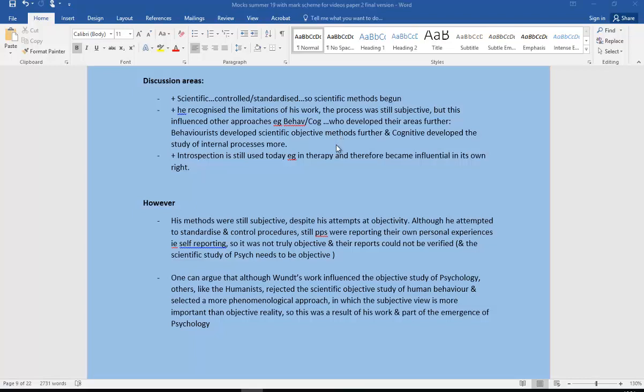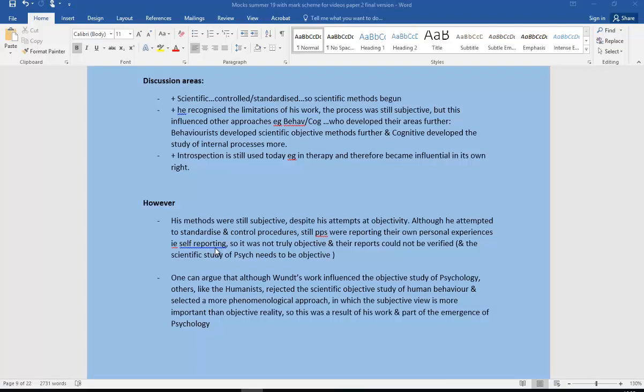We know also introspection is still used today. It's in therapy, and so, as a study of the human mind, it became very influential in its own right. We could then discuss other areas, so the problems with it. Obviously, Wundt recognized that his work was still very subjective, despite his attempts at objectivity, and although he attempted to standardize and control procedures, participants were still reporting their own personal experiences.